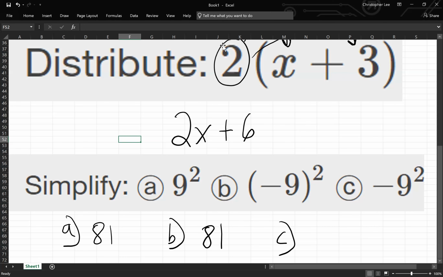That is excellent. And remember, the reason for that is because we have negative 1 times 9 times 9, and that's why we get negative 81. Questions on this? No questions? Okay.